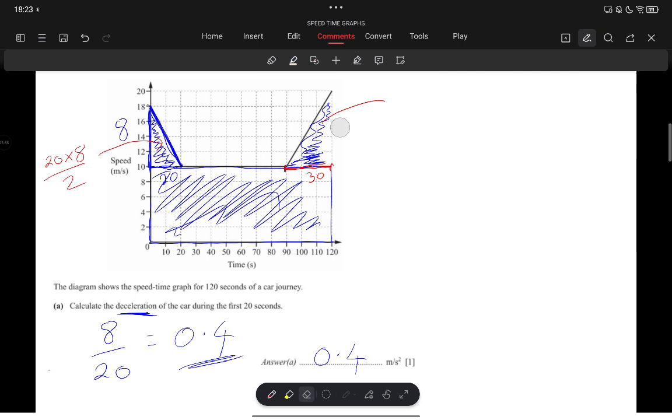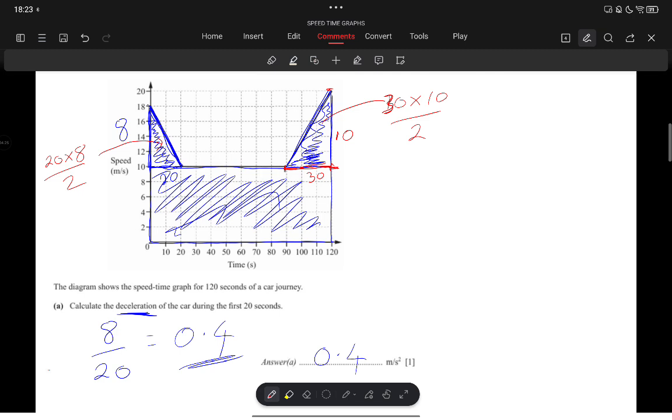The height isn't 8. We're going from 10 up to 20, so the height is going to be 10. So base times height divided by 2, 30 times 10 divided by 2.